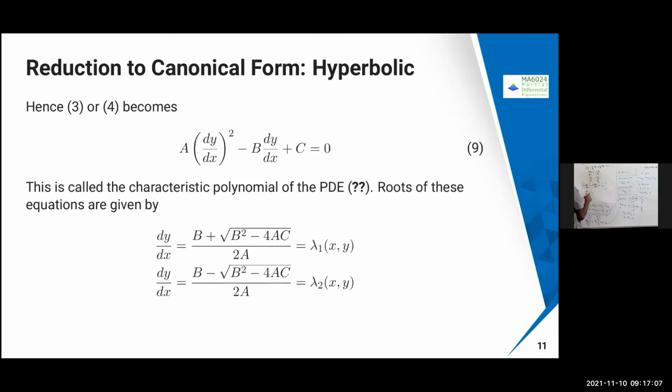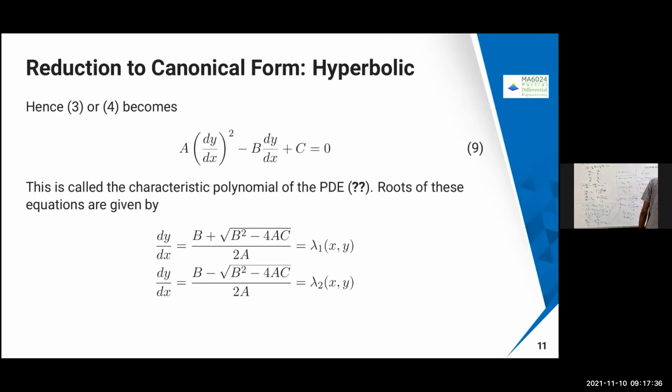Therefore, there will be a minus here. So this is going to become b plus square root of b square minus 4ac divided by 2a. In the same way, the other one: dy by dx equal to lambda 2 equal to b minus square root of b square minus 4ac divided by 2a. This is lambda 2.